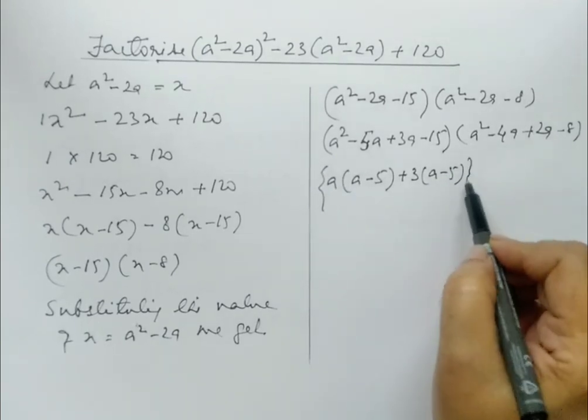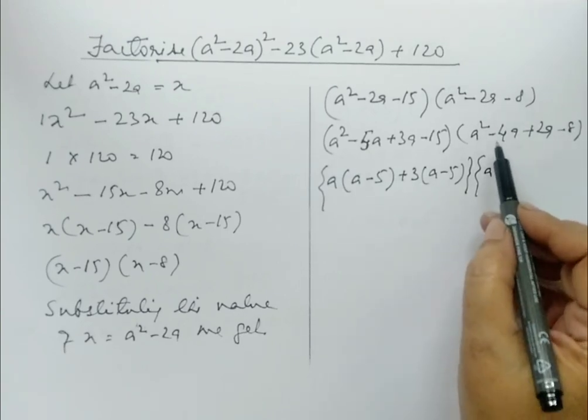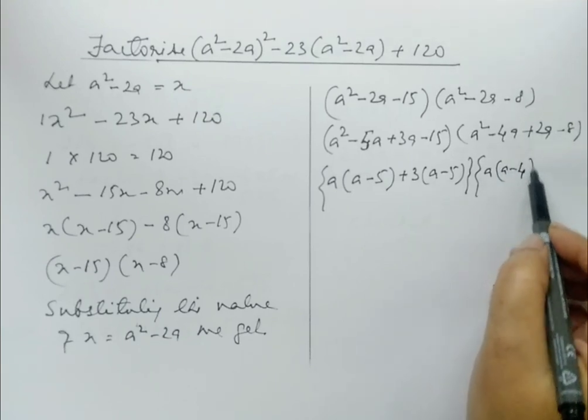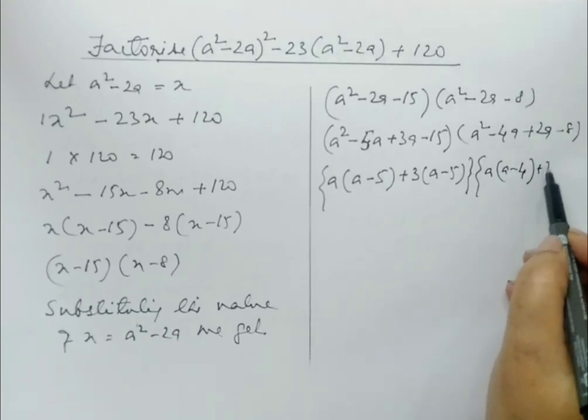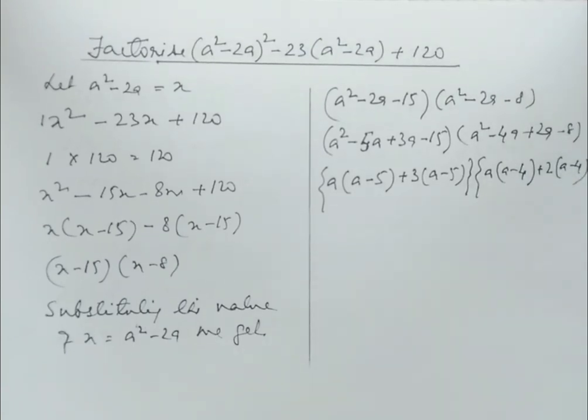Alright guys. Here we can take a as common once again, a minus 4, and here plus 2 and a minus 4. Are you understanding?